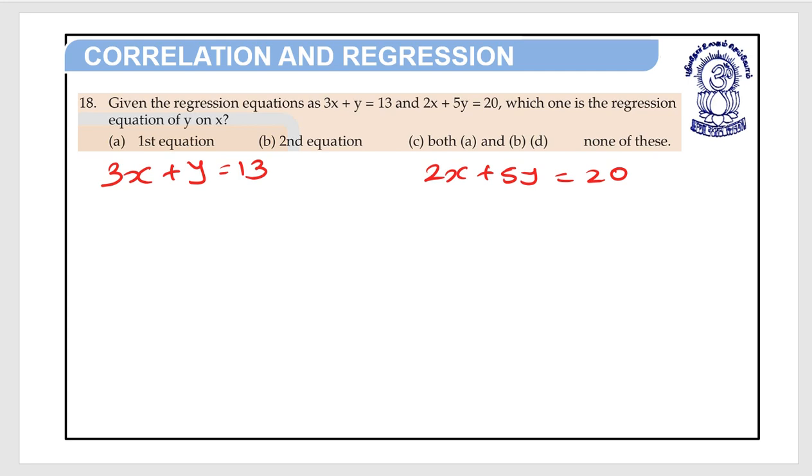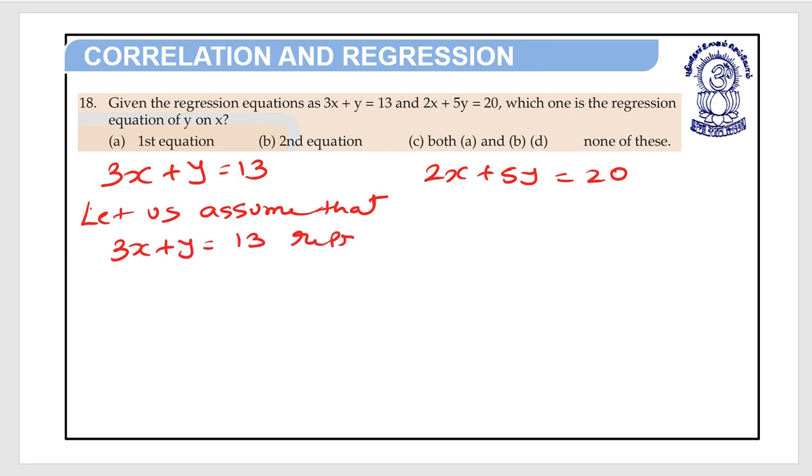Let us assume that 3x plus y is equal to 13 represents the regression line of x on y.